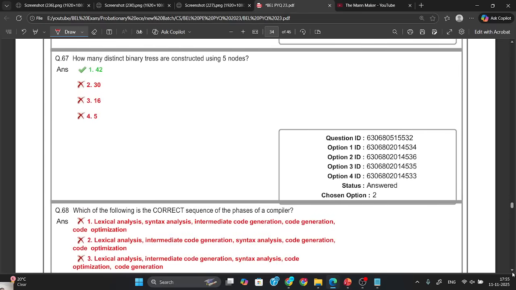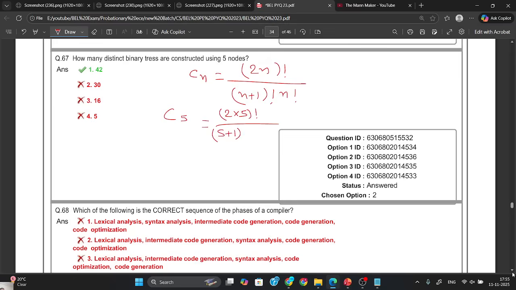How many distinct binary trees are constructed using 5 nodes? Okay, so for that we have a simple formula, that is Cn equals 2n factorial divided by n plus 1 factorial and n factorial. Okay, now n we have how much? 5 nodes we have, so 2 into 5 factorial, 5 plus 1 factorial.